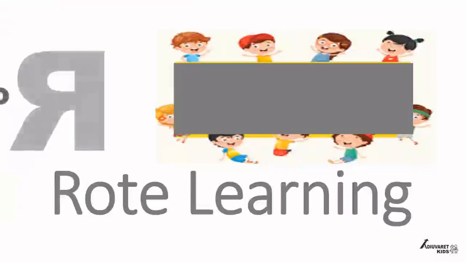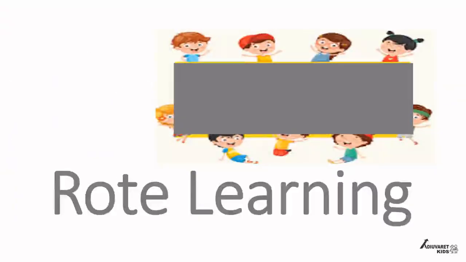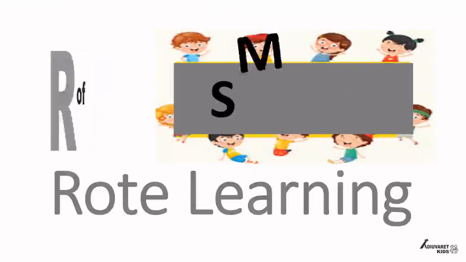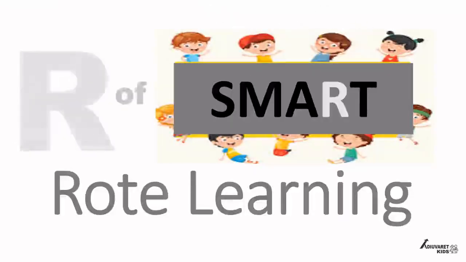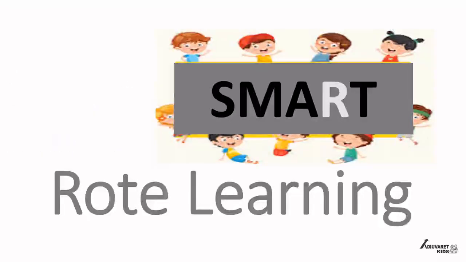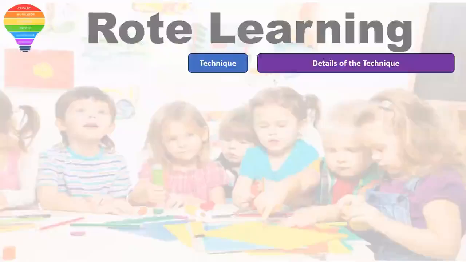Now we'll move to the fourth learning technique, which is R of SMART. This R is called rote learning. Rote learning is a very age-old mechanism or technique of learning, introduced in various play schools. Understanding rote learning, it comes from the very basic component of Bloom's taxonomy.